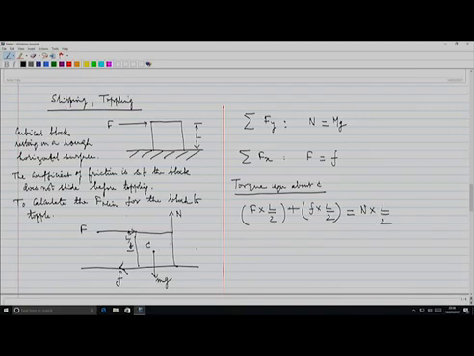This distance is also L by 2. So this gives capital F plus frictional force f is equal to N. And we have got it earlier, capital F is equal to f, therefore 2f is equal to N. And what is N? The normal reaction N is F plus f, therefore F is equal to N by 2, and we have shown that N is mg. We already have it when we balance the forces along the y direction.